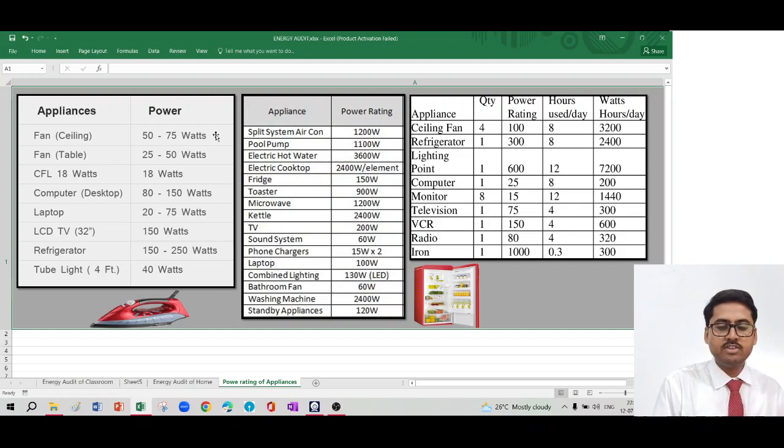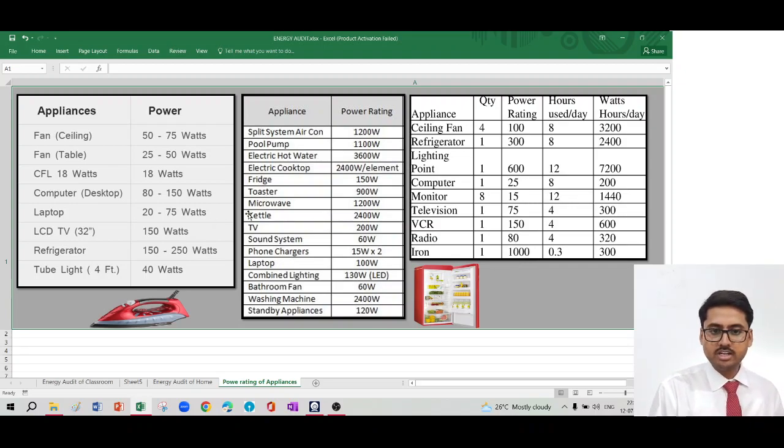I am not giving one exact number because it depends from company to company. So you have to see the label of each appliance to find its exact power rating. For CFL it is like 18 watts, computer can be 80 to 150 watts, laptop 20 to 75 watts. And if you come to the right side, we have more appliances like iron, 1000 watt.